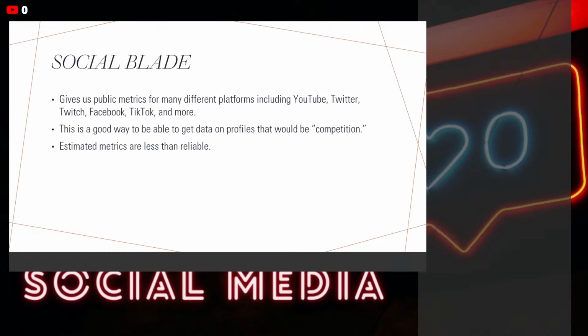So even though the platforms provide good data analytics, they provide your analytics for you. They don't give you all of your competition's analytics.